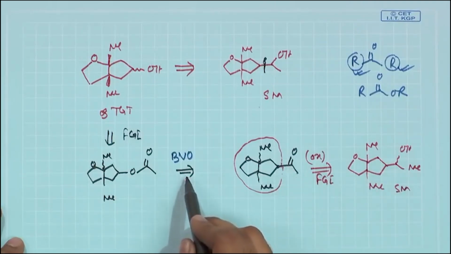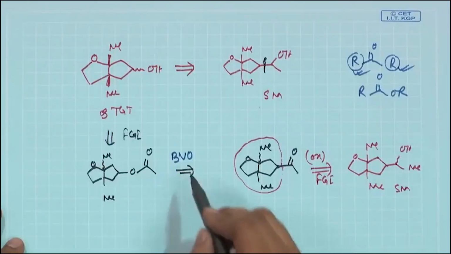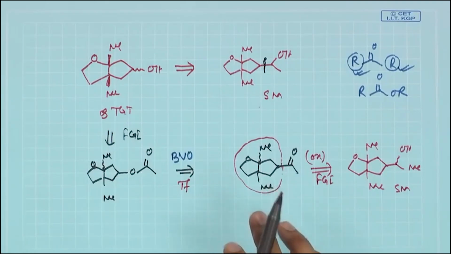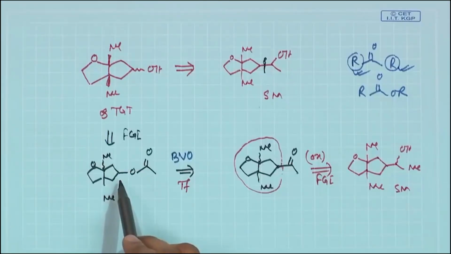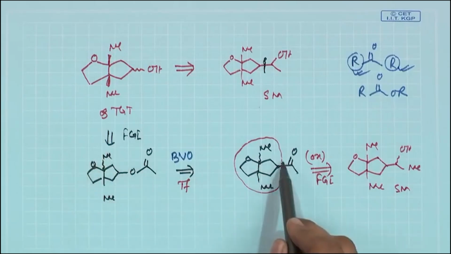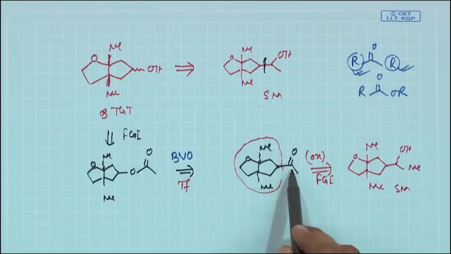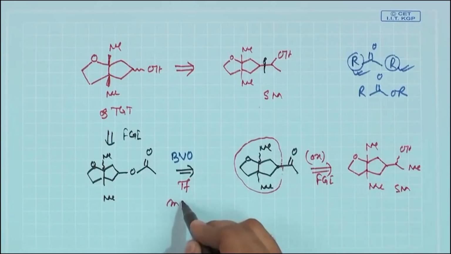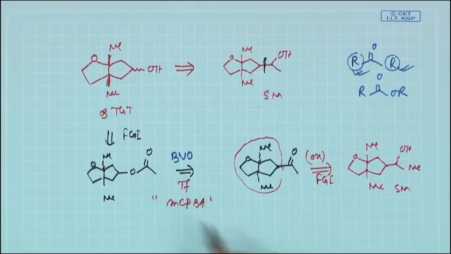Now, stop here. You think about doing a Baeyer-Villiger oxidation, and the mechanism says that the more substituted alkyl group will migrate towards the electron deficient oxygen. In the Baeyer-Villiger reaction, the reagent we use is MCPBA. The mechanism I am sure all of you know.